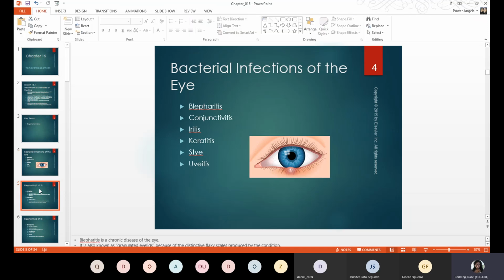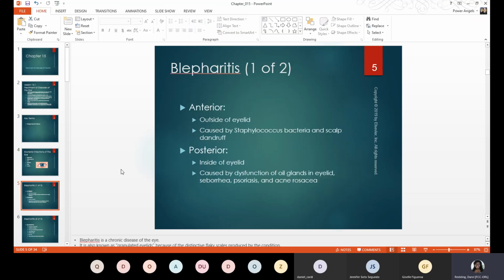So let's first start off talking about blepharitis. With this, you have the anterior and the posterior. Now, the anterior part is outside of the eyelid, and blepharitis can be caused by Staphylococcus bacteria as well as scalp dandruff.